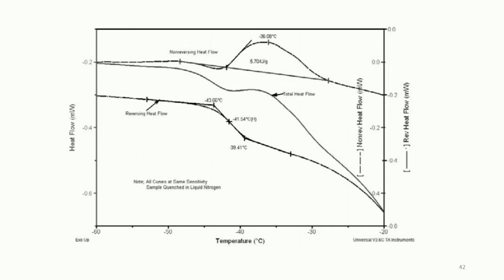This peak shows a maximum at about minus 36 degrees Celsius and a heat of crystallization of 5.7 joule per gram, and it is quite obvious in this diagram. So two types of transitions can be observed, which is well captured by modulated differential scanning calorimetry.